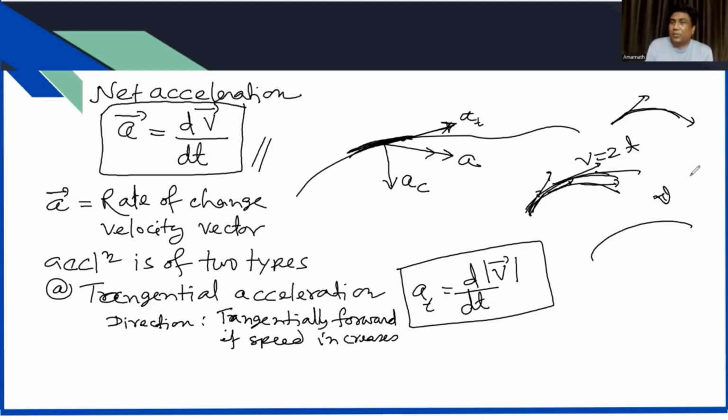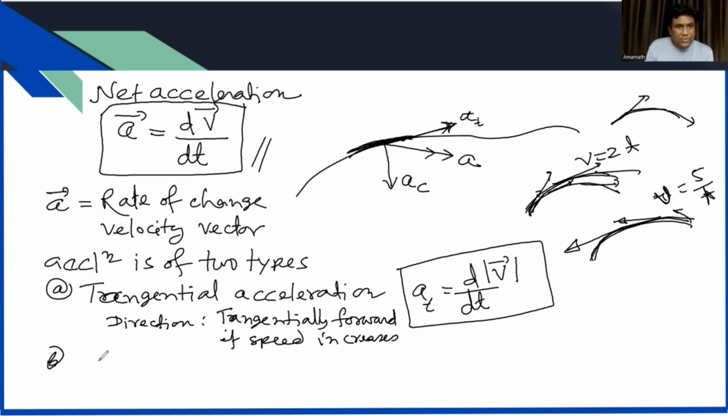Now take speed equal to 5 upon t. If time increases, speed will be decreasing. So though the particle will be going along this line, tangential acceleration will be backward only. It means someone is pulling it so that its speed decreases. So tangentially forward if speed increases, and tangentially backward if speed decreases. You understood all these things.